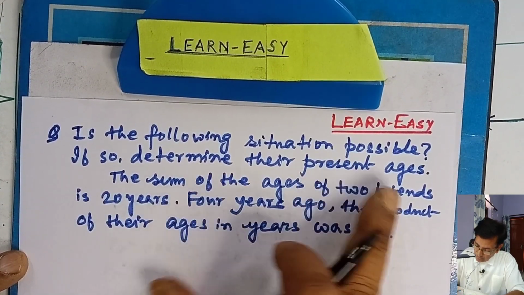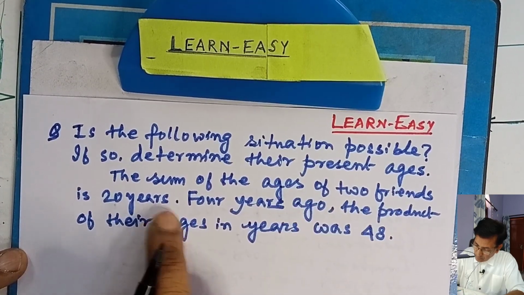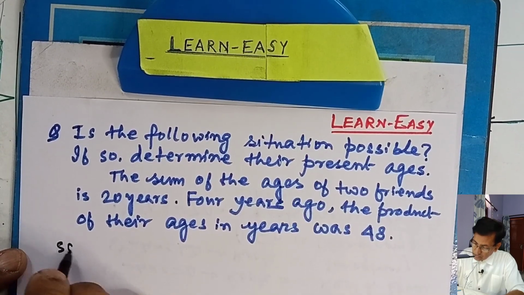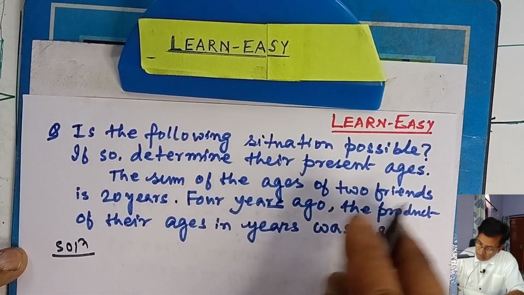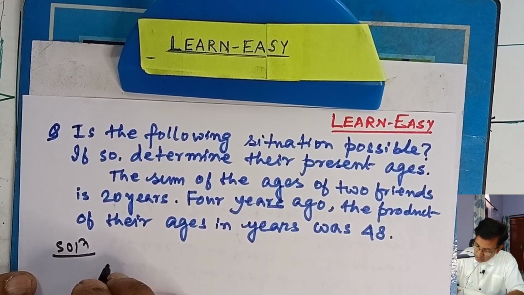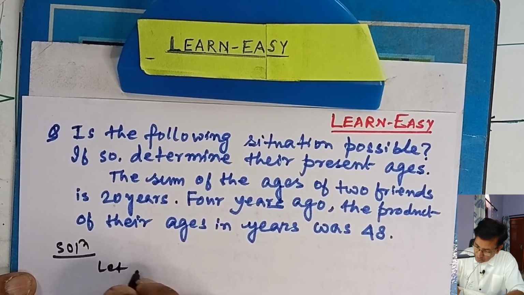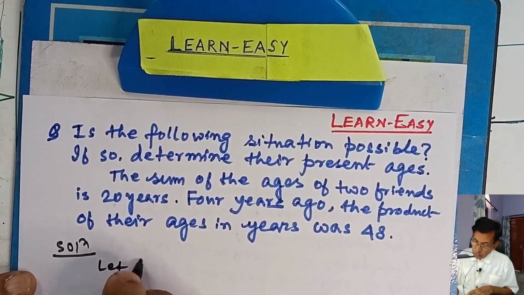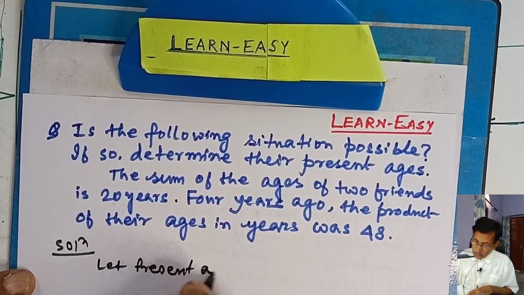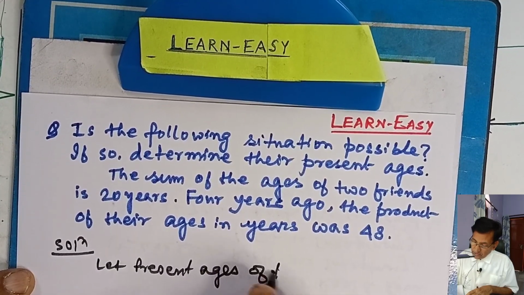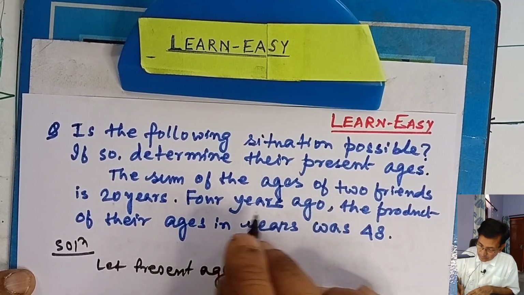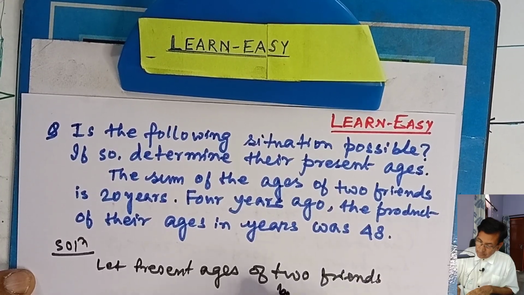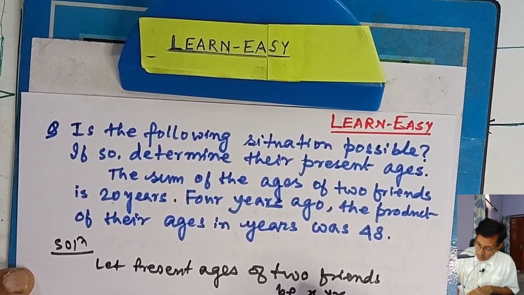Is the following situation possible? If so, determine their present ages. The sum of the ages of two friends is 20 years. 4 years ago, the product of their ages in years was 48. Let the present ages of the two friends be X years and Y years.